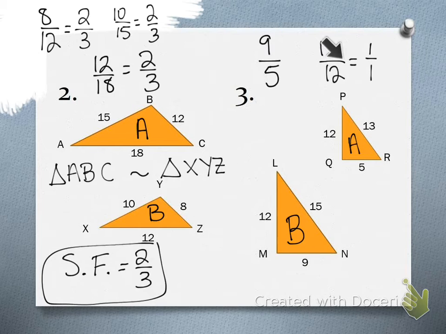So 9/5, 1/1, not the same ratio, so these ones are not similar. You could check the third pair of sides, but it doesn't really matter. They're not similar either way. The last pair of sides just gives us another ratio that's not the same.